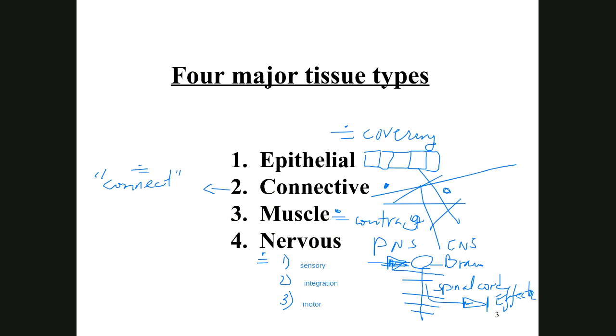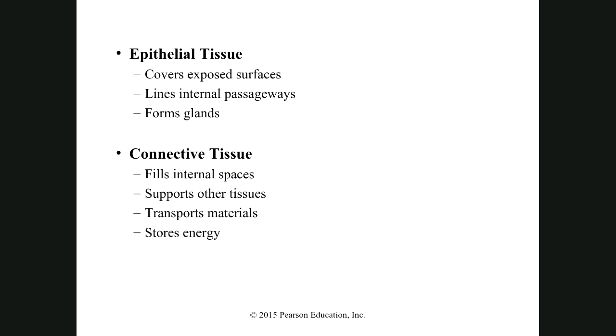All right. Let's go through this. As you can see, epithelium provides covering, lining the internal passageway. In a way, it also forms gland. So, just like you would say that the cell might have invaginations of the plasma membrane, like this. This is part of the endocytosis.